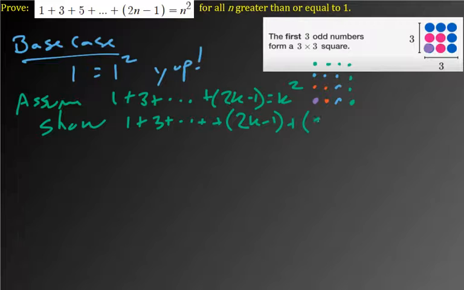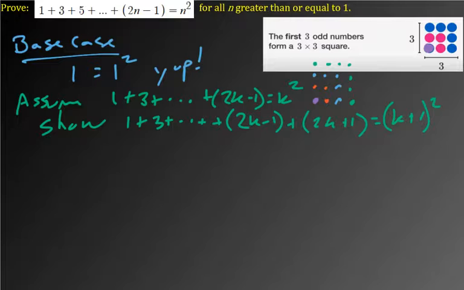Which is 2k plus 1. So that's the next odd after 2k minus 1. And I have to show that that equals k plus 1 squared. That's the inductive hypothesis. So I have this to work with, and I need to show this.